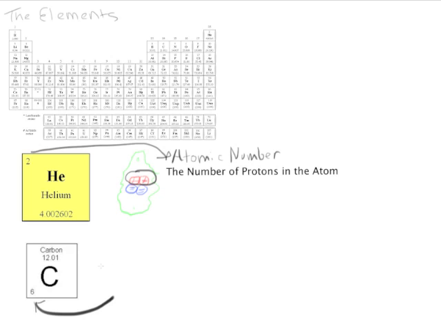So let's draw ourselves a carbon atom. Get the red. And this is going to take a little bit of time here, so hopefully I can speed it up. 1, 2, 3, 4, 5, 6. These all have little pluses in them because they're positively charged protons. And it's going to also have 6 neutrons, 6 neutral neutrons.